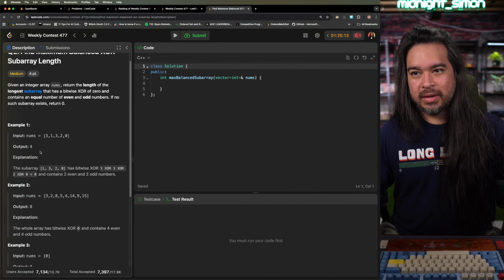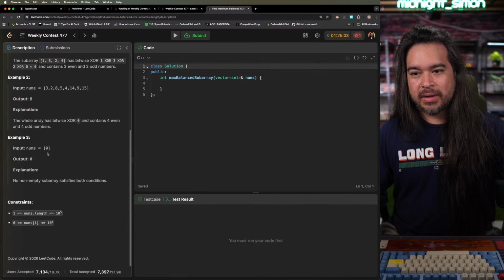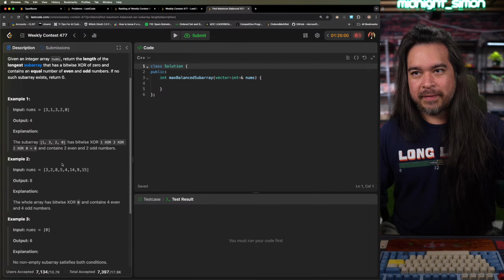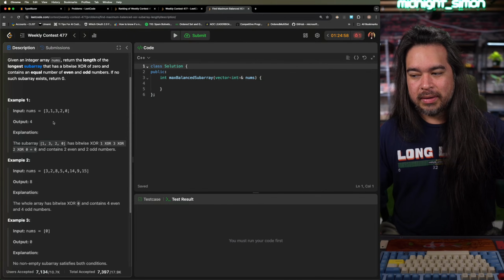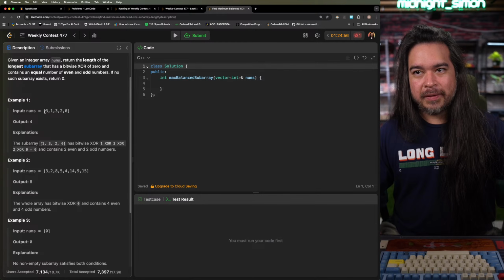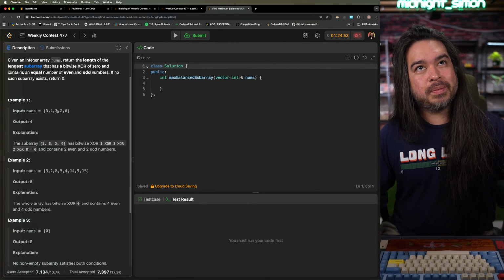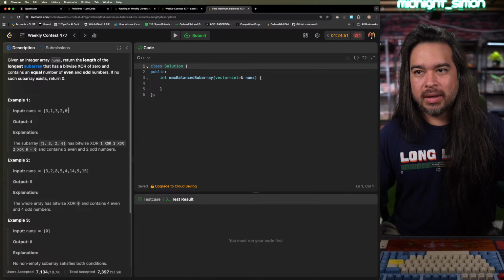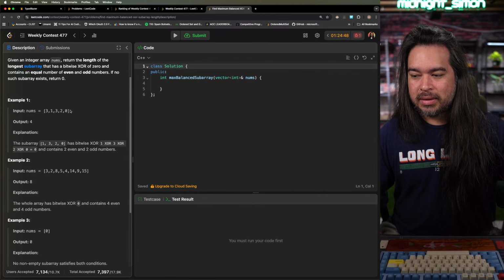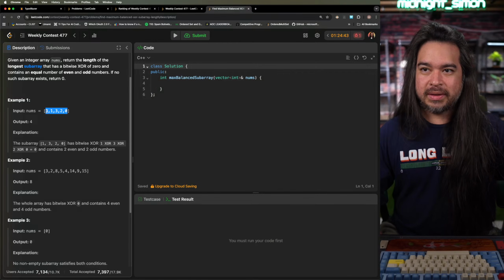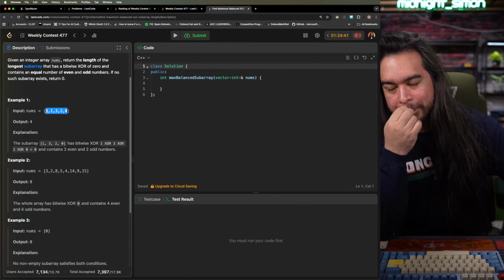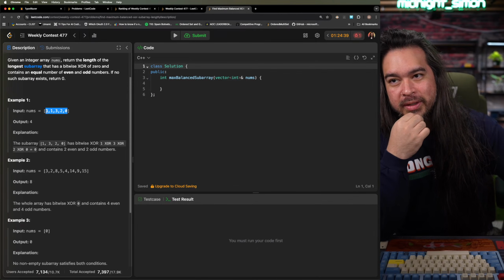Let's think. This answer is 4 because this subarray has XOR 0 and an equal number of even and odd. There's 10 to the 5th. Maybe I have to do an even count prefix sum, an odd count prefix sum, and then, I don't know, I find the XOR?